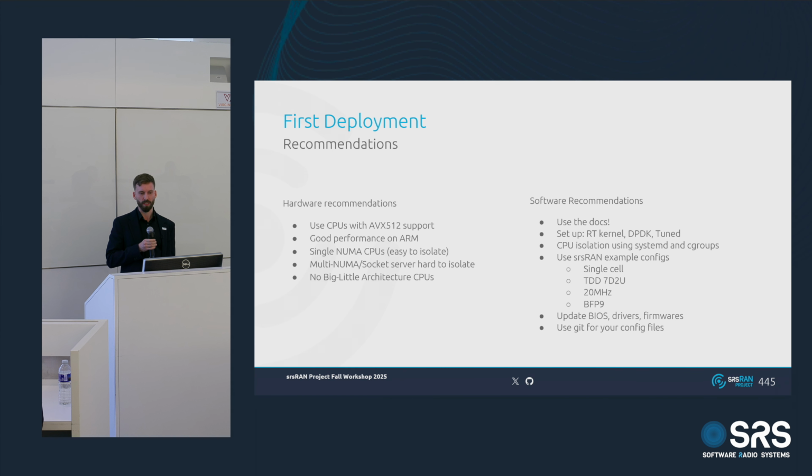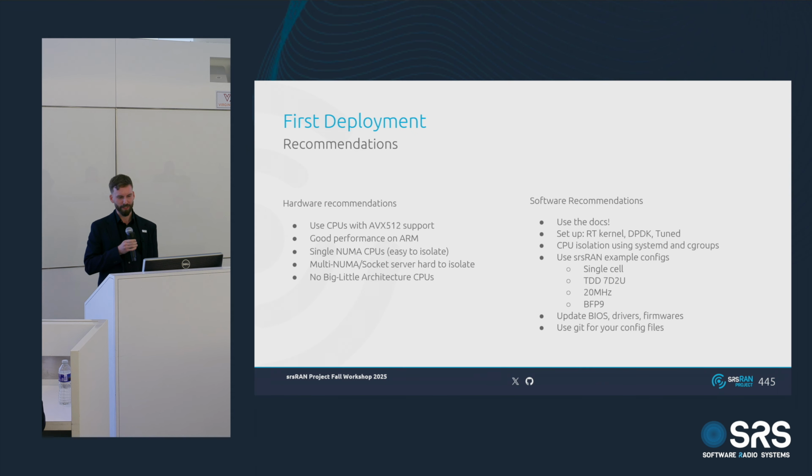It's really hard sometimes to set up these big EPYC CPUs. They are nice if you want to run many cells, but if you have the option, integrate something with a single NUMA, single socket first, because it's much easier, and then transition to bigger CPUs. And don't use big.LITTLE architecture CPUs, because we've just seen they don't work well.